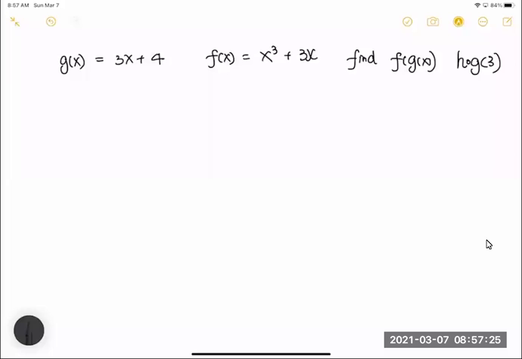So let's do the first one. I have f of g of x. So g(x) equals what? 3x plus 4. So that I have f of 3x plus 4.